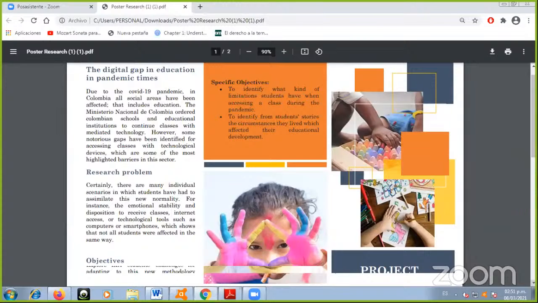El Ministerio Nacional de Colombia ordered Colombian schools and educational institutions to continue classes with mediated technology.